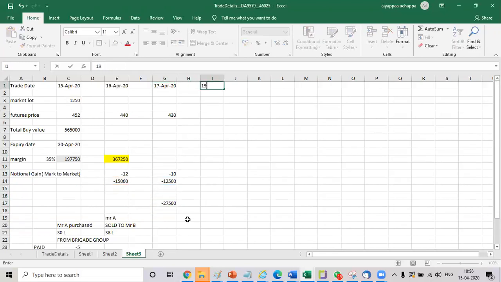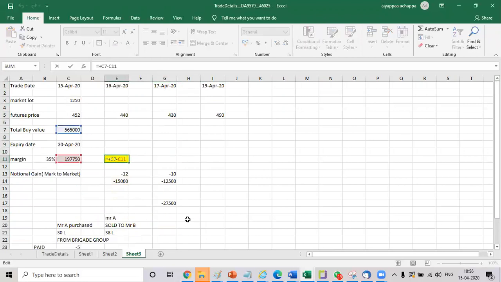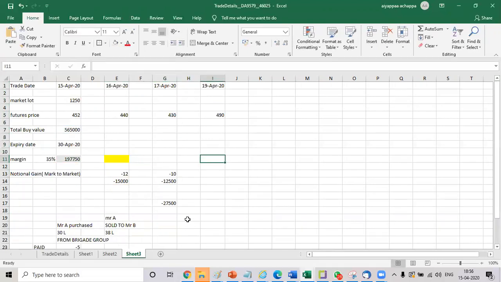So your total accumulated loss is now around 27,500. But on 19th April, if the share price goes back to, let's say, around 490 on some news, then you are entitled to the difference here. 490 minus 430, 60 rupees you are entitled to, which will be credited, which you will receive in your account, into 1,250, 75,000.